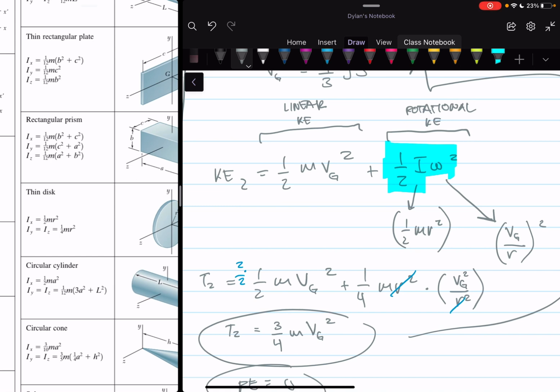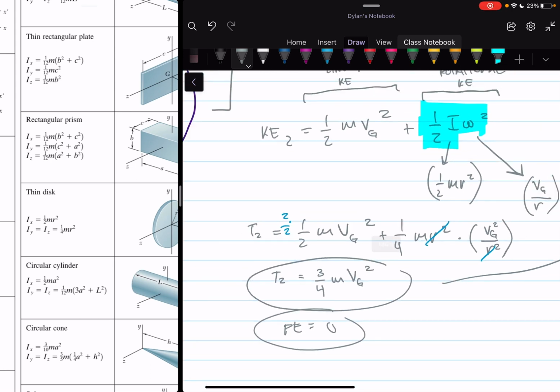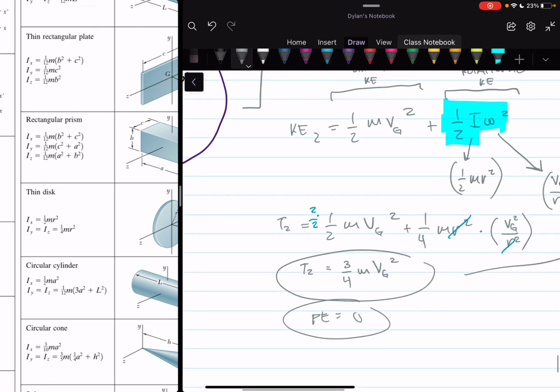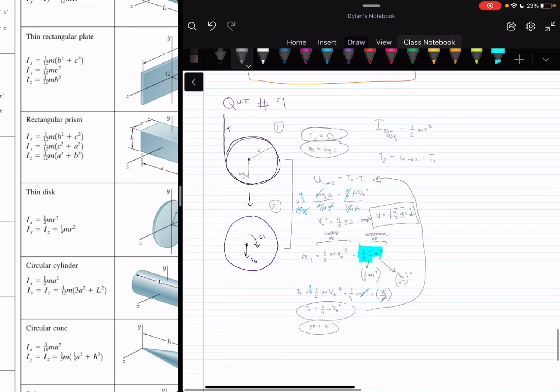And then we just plug all of those items in and solve for our kinetic energy at point 2. And so we know that's the change in kinetic energy because the kinetic energy up here was 0.